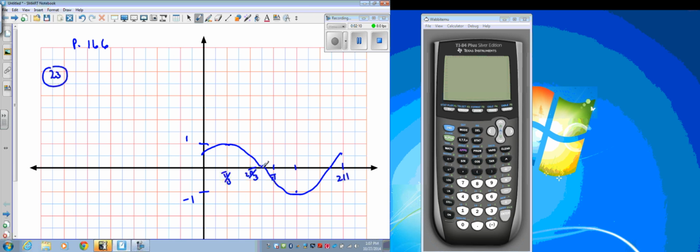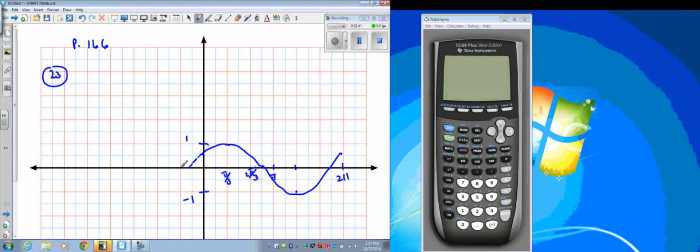And it looks to me that from here to here, this is the high point, this is half the period, and then the other half the period is back here. I think that thing is a phase shift of pi over 6 back.